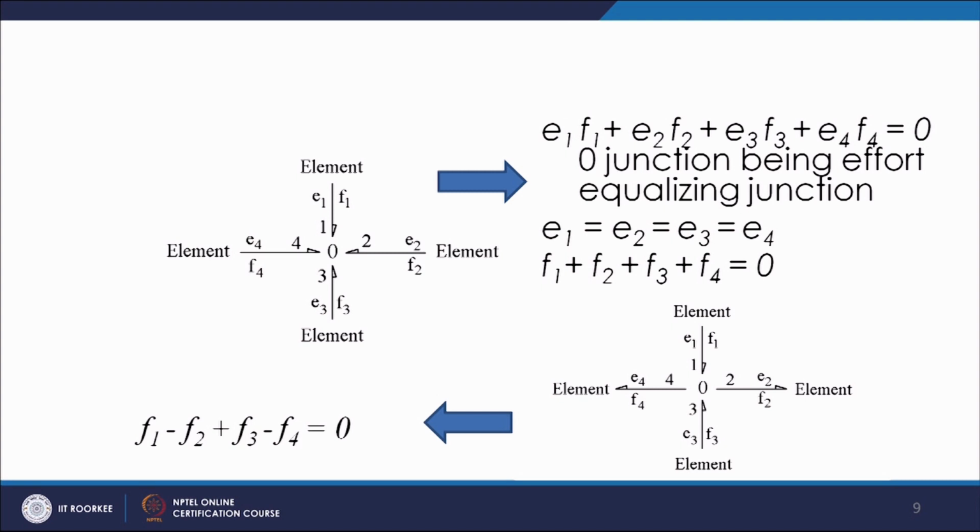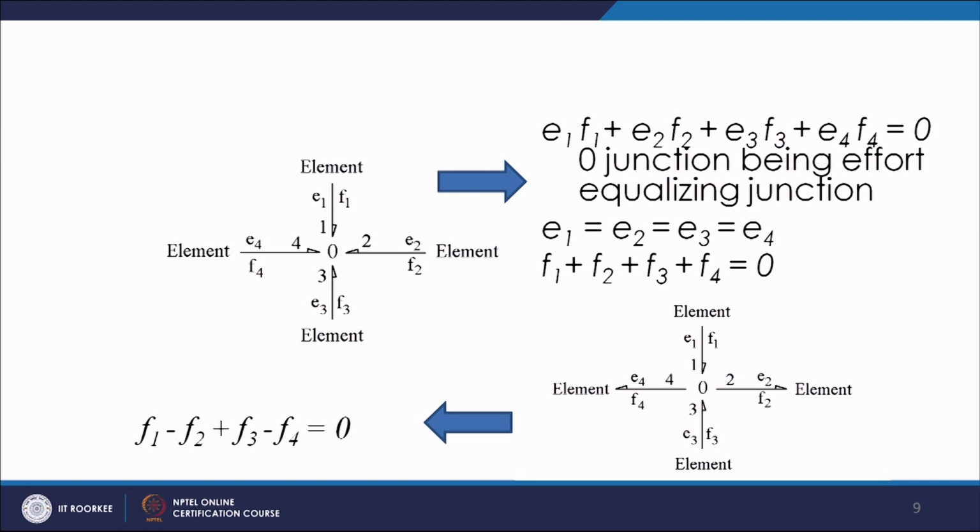So, in the case of a zero junction, efforts are equal and flows are summed up, and the sign of summation depends on the power directions in these different bonds.